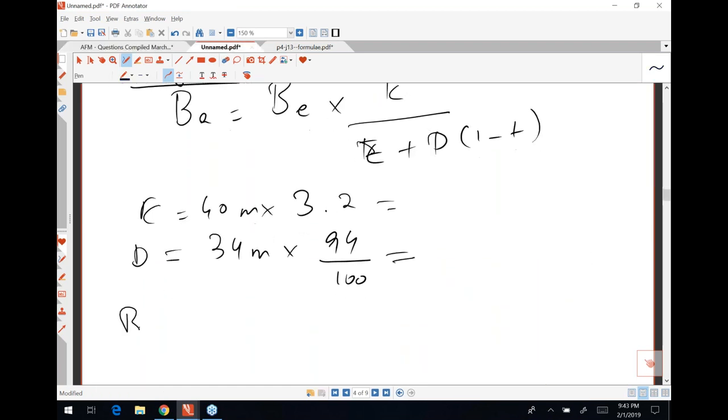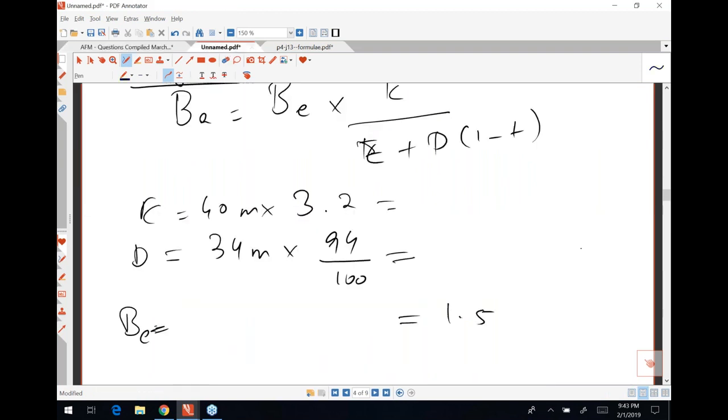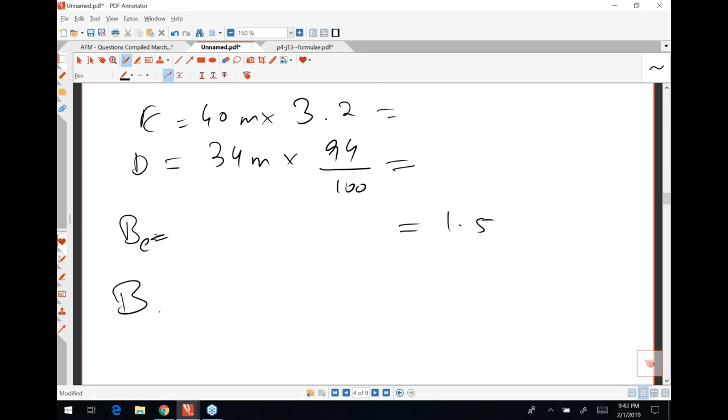The equity beta is 1.5. So we need to calculate the asset beta in total. How much does it turn out to be?